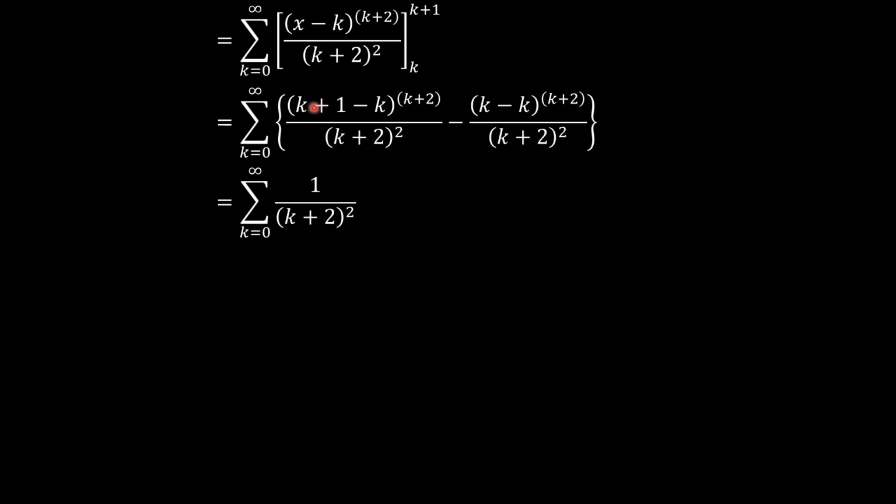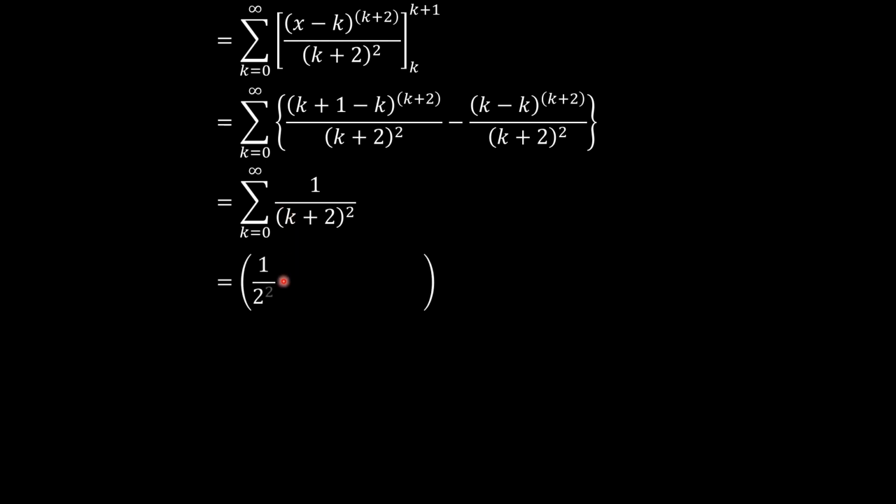So this k is cancelled, and we have 1 over k plus 2 squared. And then when x equals k, we have k minus k on the lower limit, which is 0. So we are left with the summation of 1 over k plus 2 squared from k equals 0 to infinity.